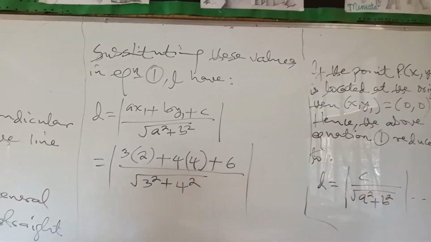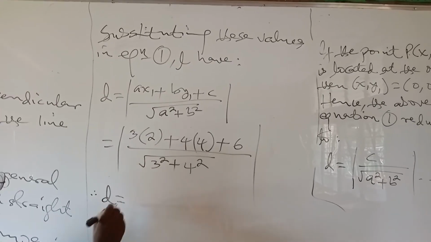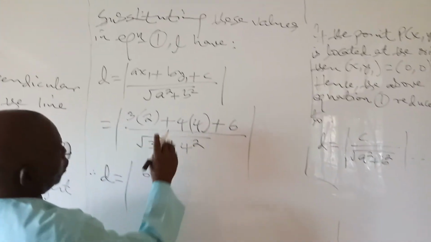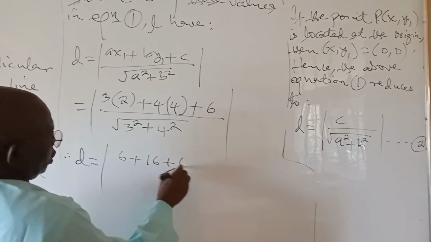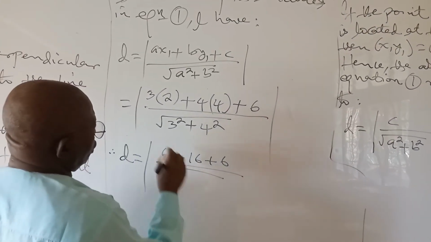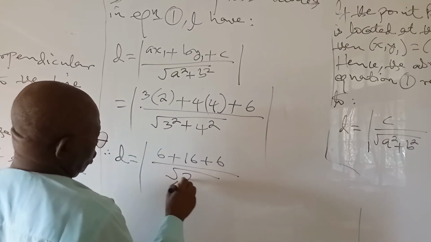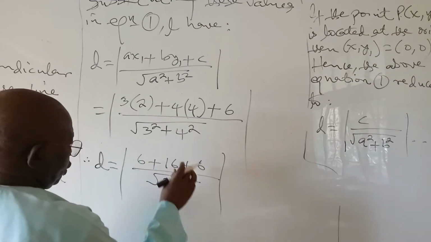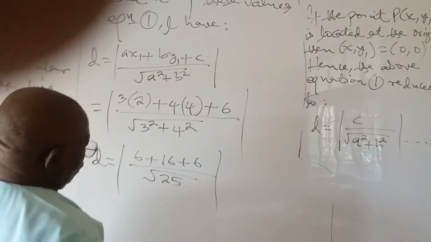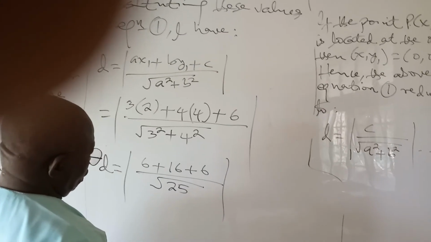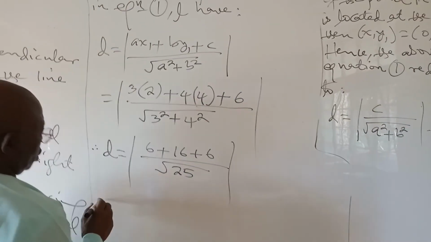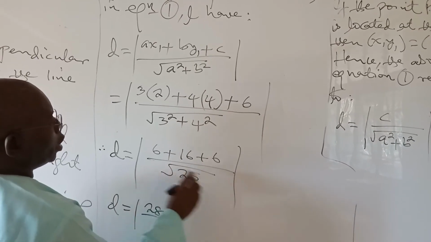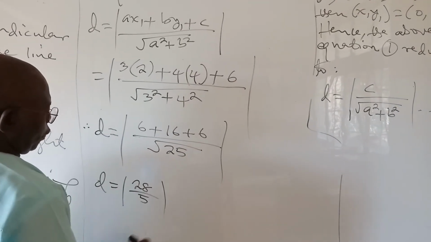So simplifying, D is equal to the absolute value of 3 times 2, that is 6, 4 times 4, that is 16, plus 6 over the root of 3 square plus 4 square, which is 25. 6 plus 6 is 12, 12 plus 16 is 28. So D is equal to the absolute value of 28 over the root of 25, which is 5.